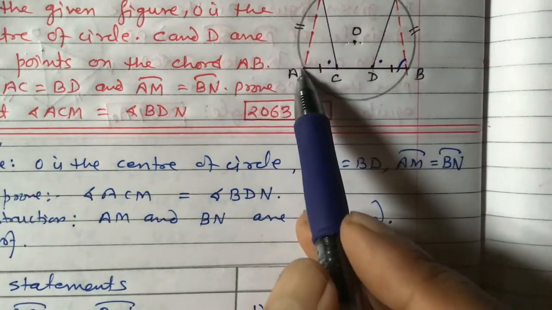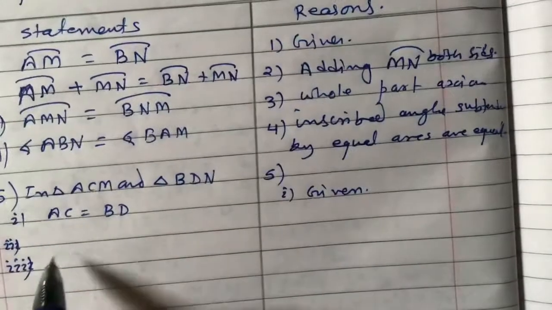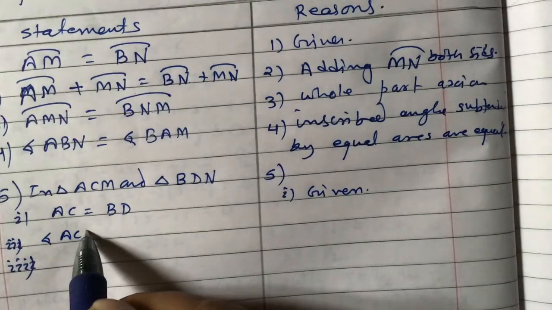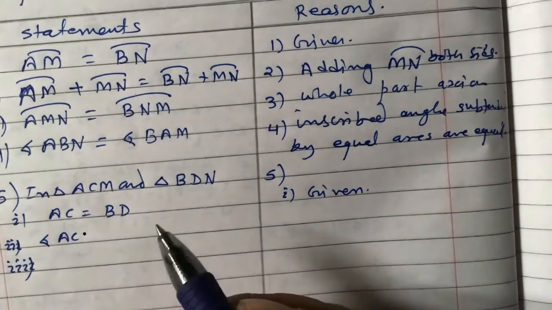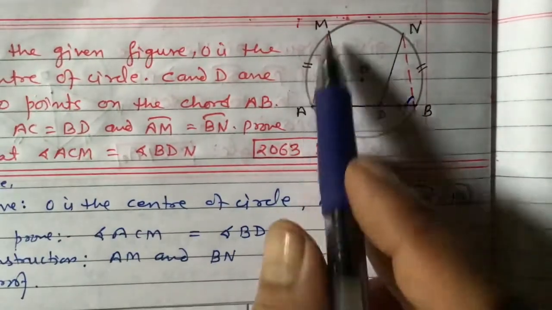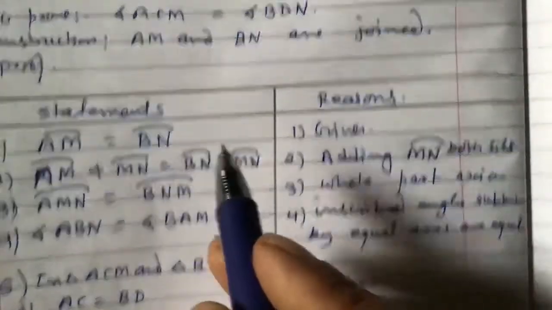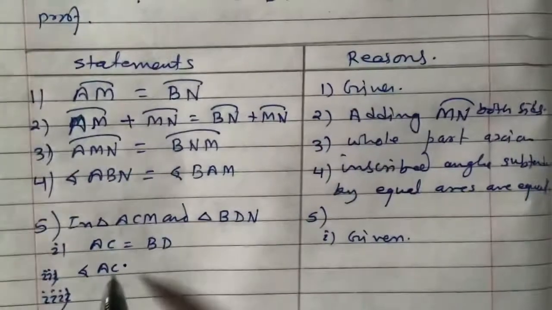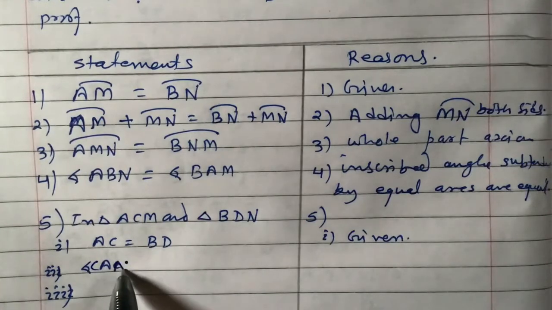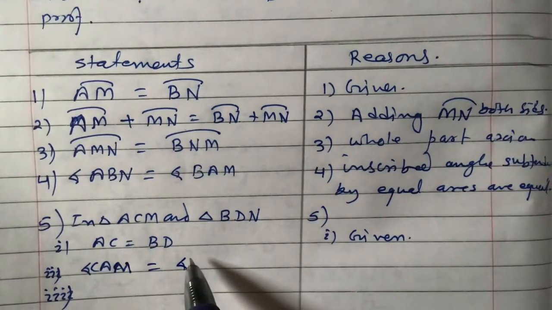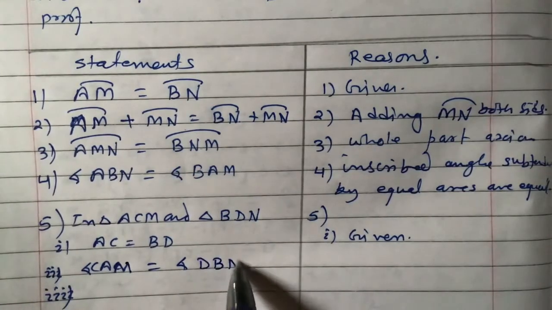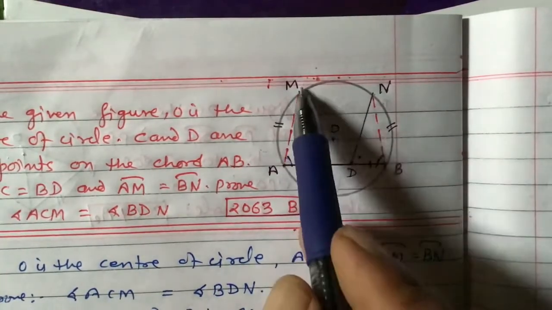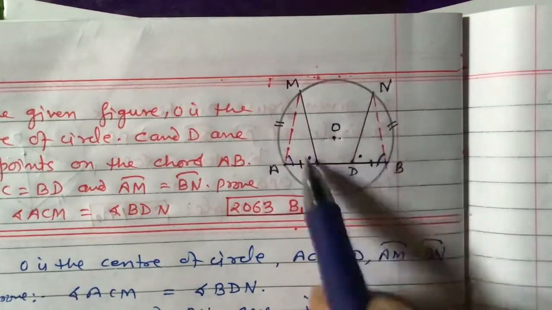Now the second one. We are proving angle ACM equals angle BDN, but here it is not ACM, sorry, it is angle CAM equals angle DBN. CAM and BAM are the same thing, and DBN and ABN are the same thing. These angles are on equal arcs, so they are equal.